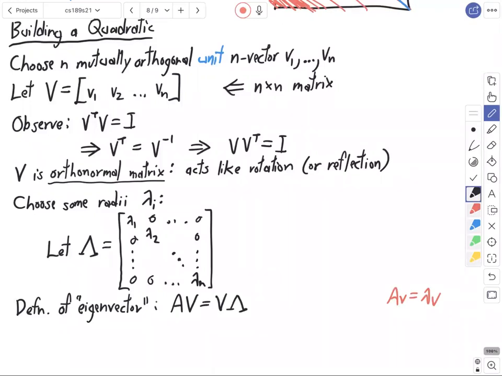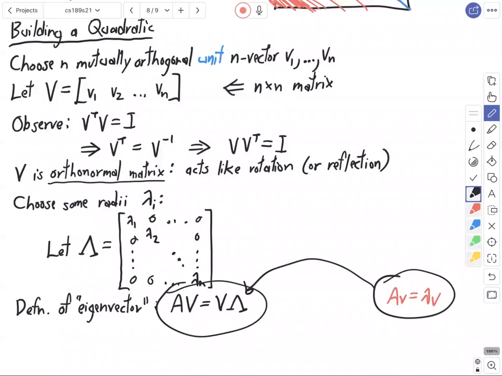That's essentially just another way of writing the original definition, Av equals lambda v, now applying it to all of the eigenvectors at once instead of one eigenvector at a time. So this AV equals V lambda is by definition just our original definition of eigenvector written out for all the eigenvectors in one shot.